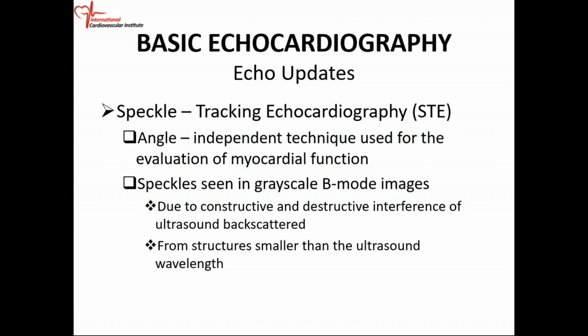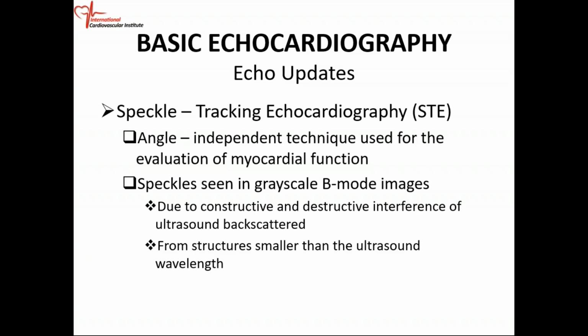Those little speckles, due to constructive or destructive interference, are what we call the speckle. You can look at the movement of those speckles, and it gives you much more accurate information when you're looking at the function of the heart muscle.